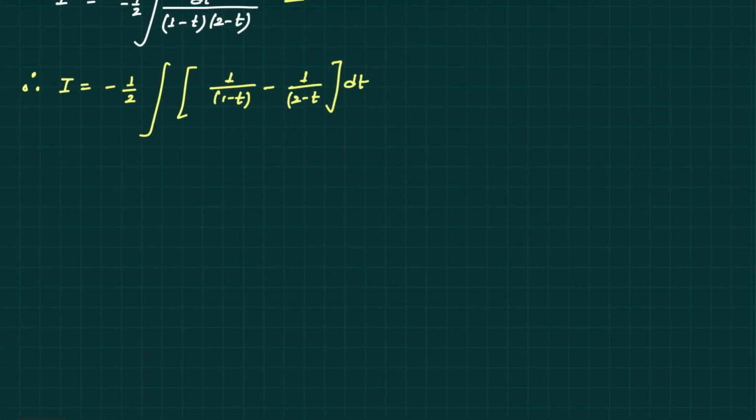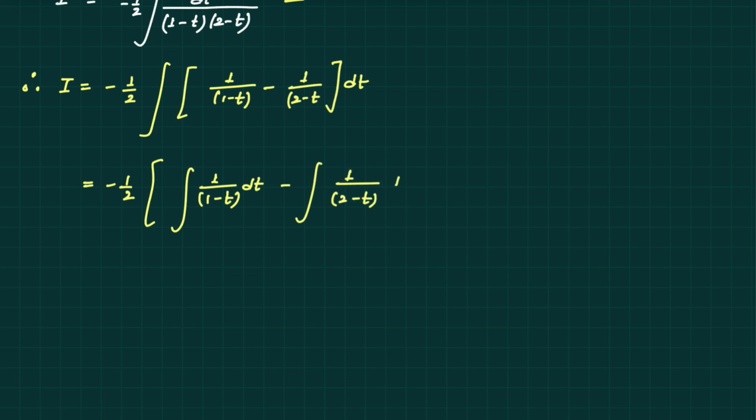Now let us split this. It will be the integration of 1 by 1 minus t dt minus the integration of 1 by 2 minus t dt.